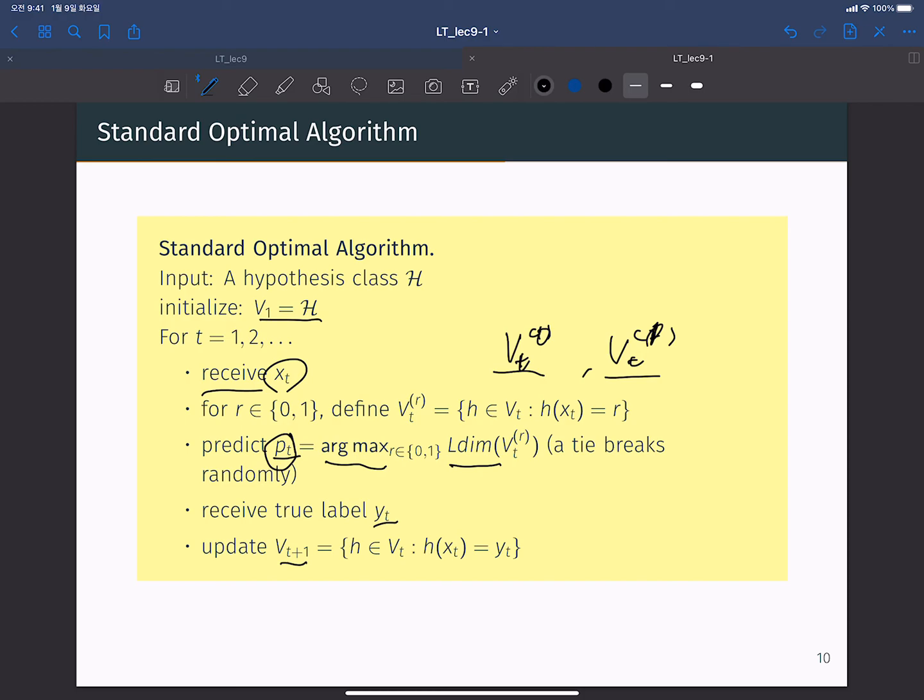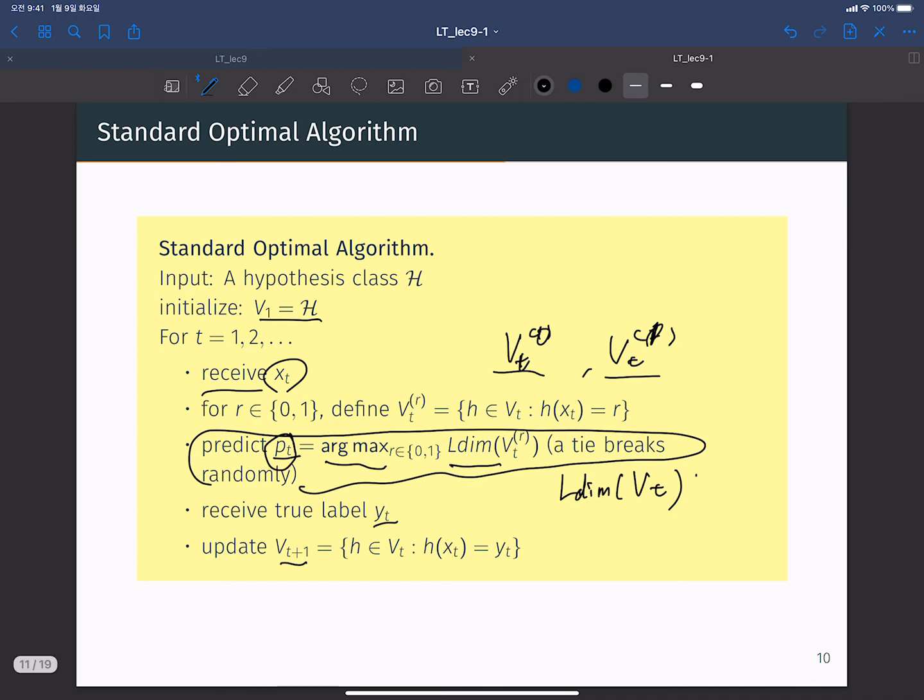Which means, when we compute the L dimension of Vt, whenever there is a mistake by this simple argmax rule, the L dimension of Vt is strictly larger than the L dimension of Vt plus 1, because we choose the subset that has the largest L dimension.